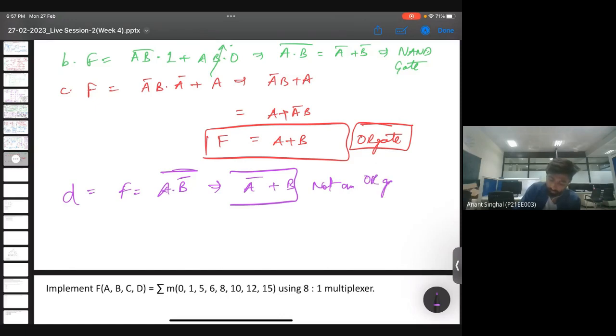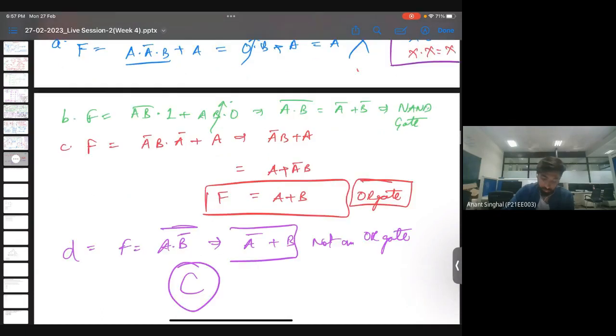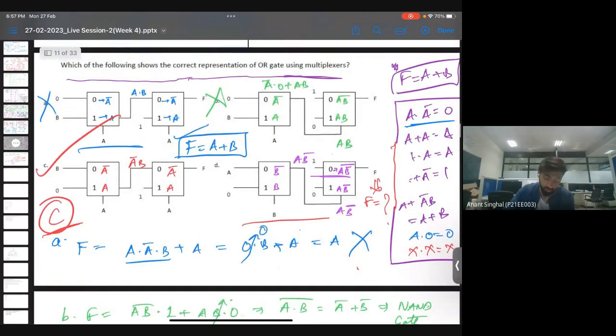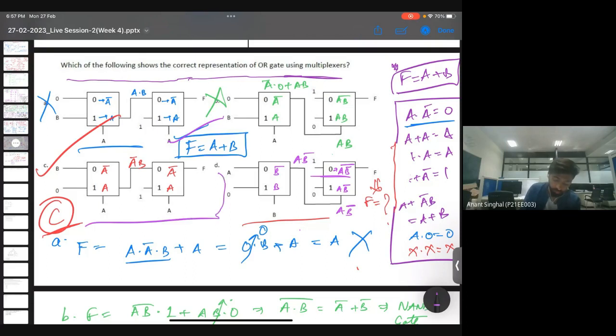Not an OR gate. So the correct answer to that question was option C only. Fine. I hope it is clear. The question required that we implement this OR gate using the multiplexer. So we have checked all options. Only option C is giving the logic for an OR gate.